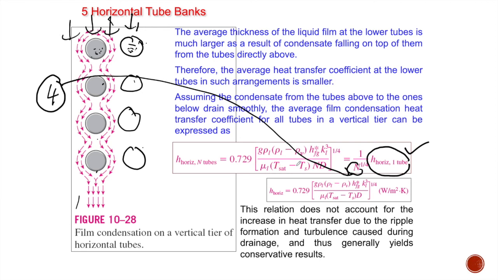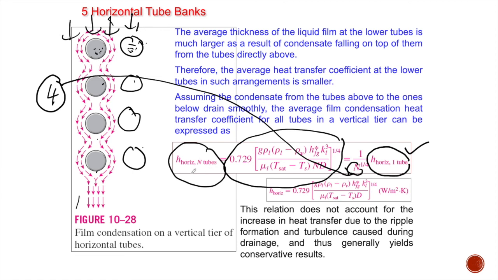Another equation that can be used to find H horizontal is this one. Actually, this equation is the same as this; it is the simplified version. You may directly use this equation to substitute all the values, and you will directly find H horizontal.